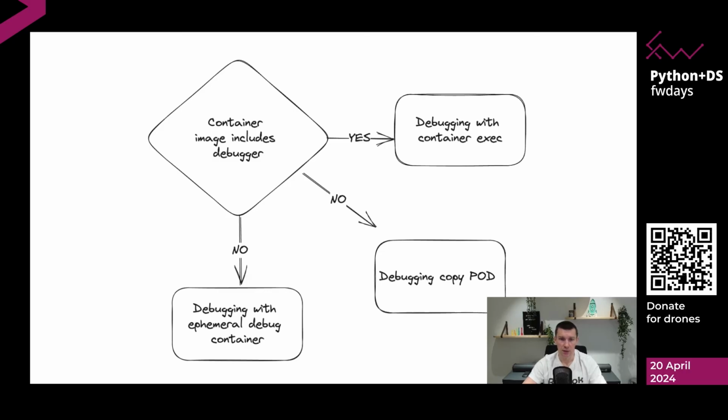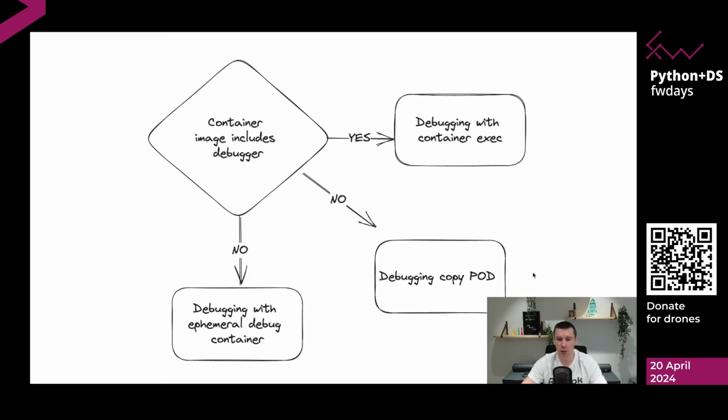Sometimes I draw this diagram to explain why we need other ways to debug. For example, if your container image includes a debugger client, you can just connect through the pod to this container, because you have network access.